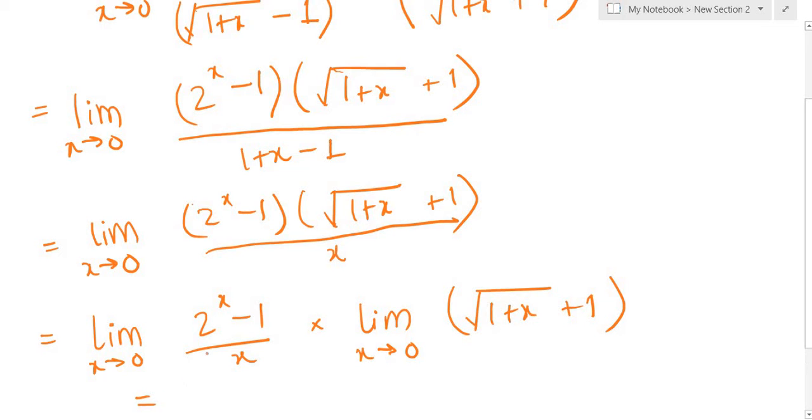And this is just the formula, natural log of 2, times, when you substitute x as 0, this is square root of 1, which is 1, plus 1 is 2. So the final answer is 2 times the natural log of 2.